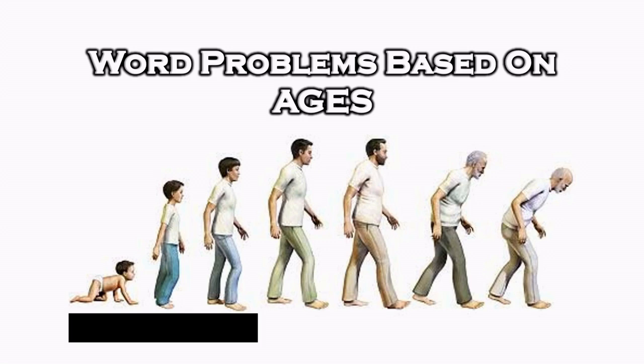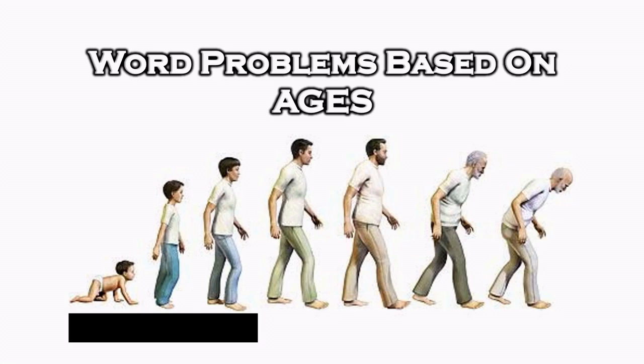By using such relationships, we form an equation based on the information given in the problem. Once the equation is formed, we simplify it and solve it to find the value of the variable. Finally, we substitute the value back into the age expressions and check whether the answer satisfies all the given conditions.